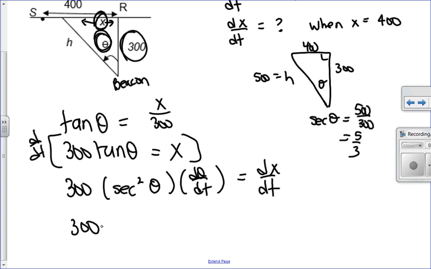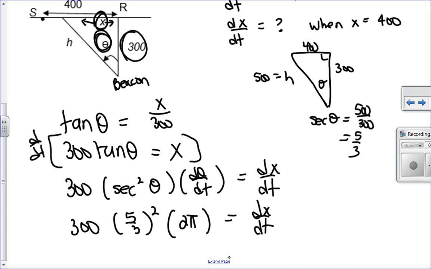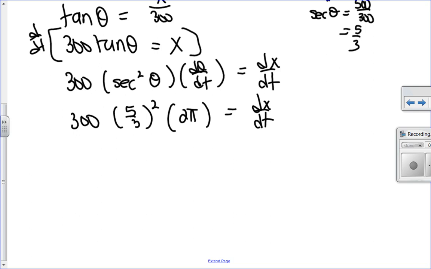So I have 300 times 5/3 all squared, times d theta by dt, which we said was 2 pi, and that will give us dx by dt. Okay, so we just have to clean it up on the side here. So I have 300 times 25 times 2 pi all over 9.